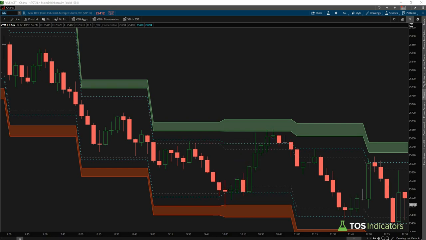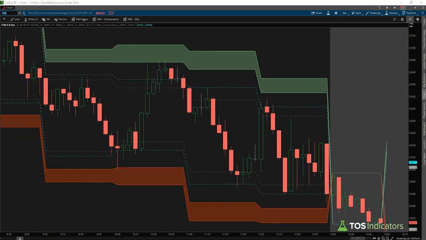With our second target being hit, we also triggered into a short, very similar to the S&P futures, with our stop right outside of the volatility box, this time 65 points away, and our first target 65 points away, and our second target was represented by our target line, which was a little further away, 101 points.